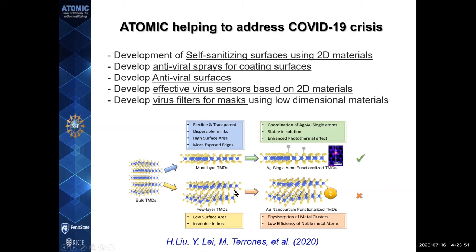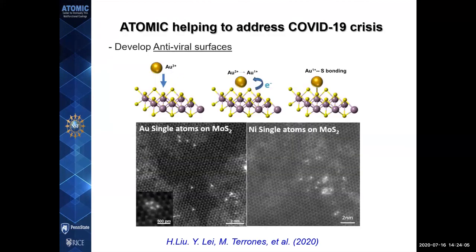So we're starting to work on this. This is one of the centers we have, the Center for Atomic Level Design of Multifunctional Coatings, and we're trying to move in these directions. If you are interested, we will be happy to discuss in detail. Here is some of the recent work we have: single metal atoms, in this case gold or nickel, on top of molybdenum disulfide, and they are pretty stable.